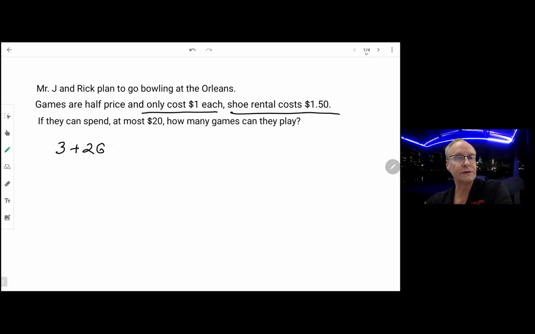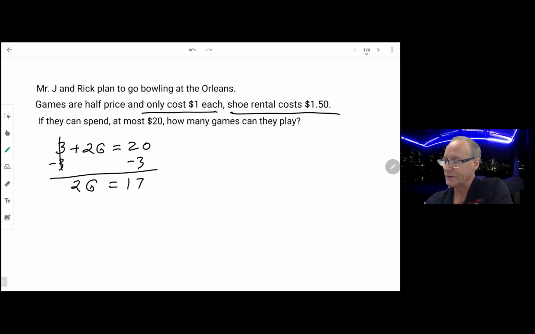And we want to spend at most $20. Now, what we've done in the past is we would simply write equals 20, and we would solve this equation. To solve this equation, we subtract 3 from both sides, and we get $2 for each set of games is 17.